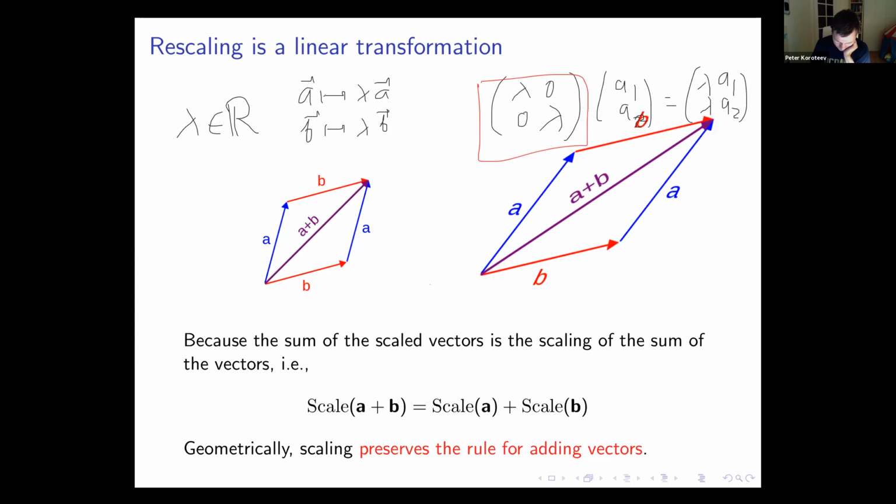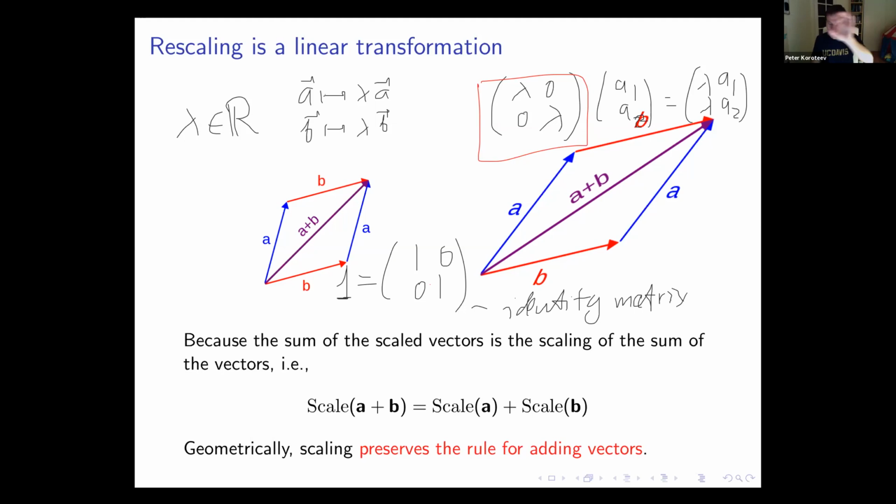Clearly, there's a special matrix here, 1, 0, 0, 1, which you can denote as matrix 1, the so-called identity matrix. The identity matrix does nothing. It's an identity transformation.